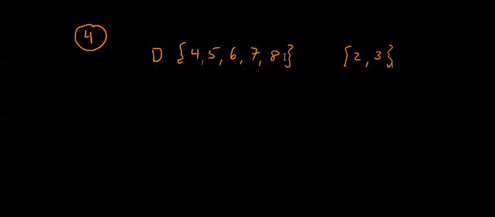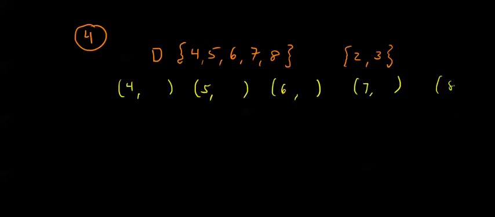That means my 5 points, I have the ordered pair 4 something, 5 something, 6 something, 7 something, and 8 something.